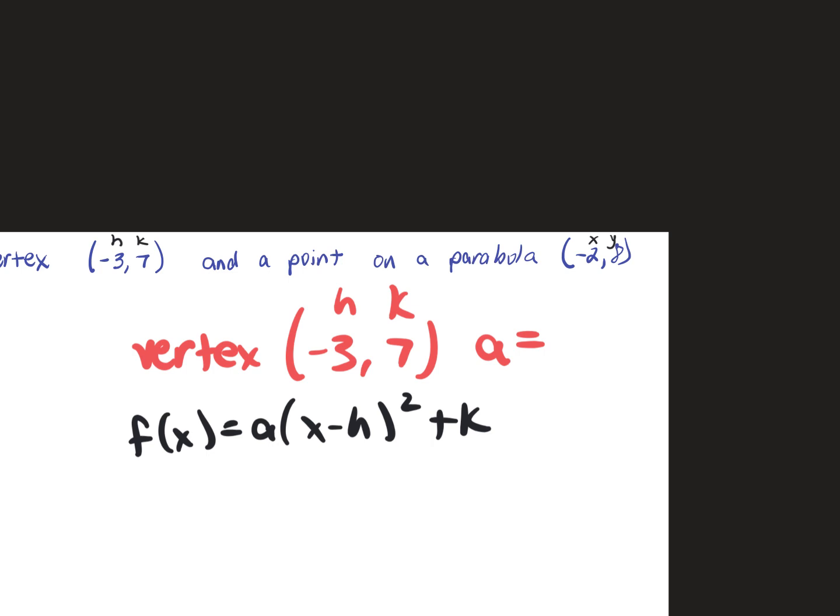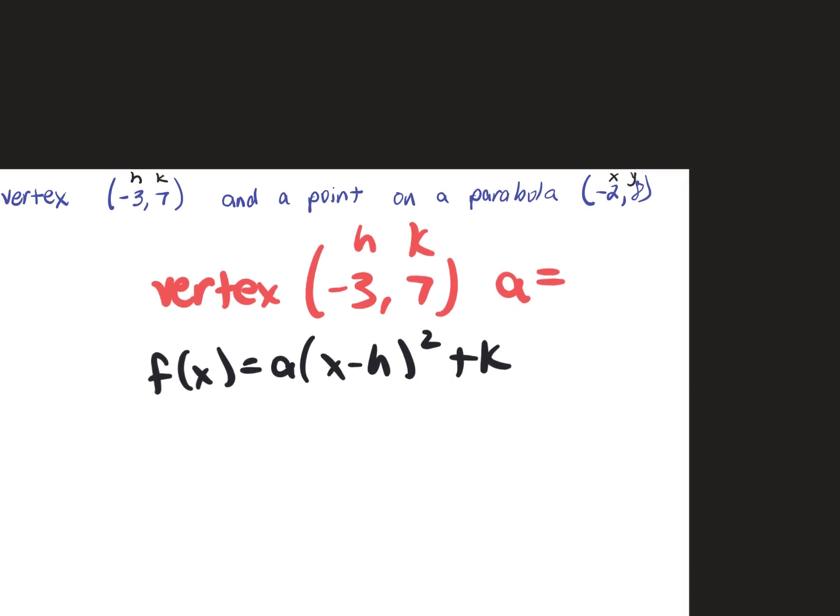So instead of y, what's the y value that they gave me in the ordered pair? 8 equals a times, what's the x value they gave me? Negative 2, all right, minus the h. So minus a negative gives me plus 3, agreed? Squared, and then I have plus 7.